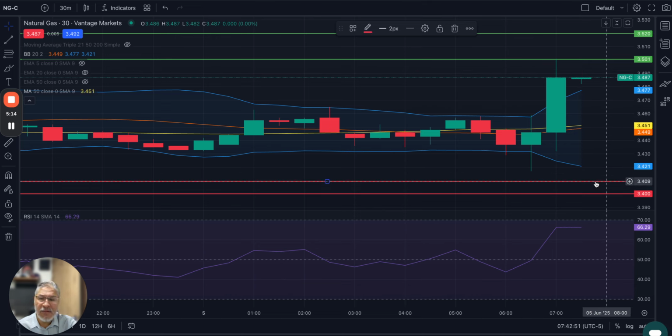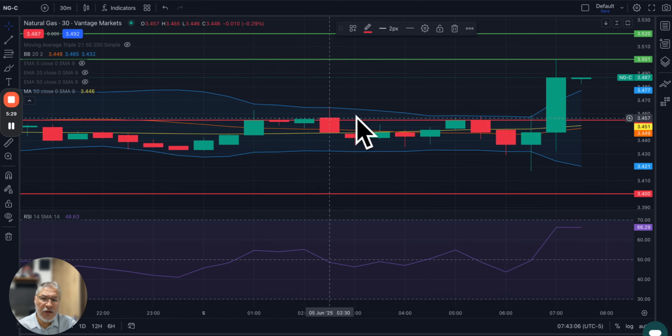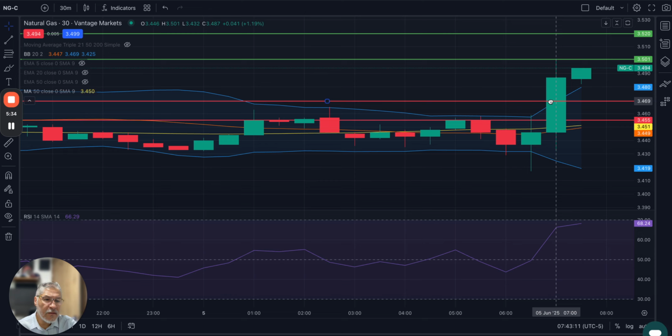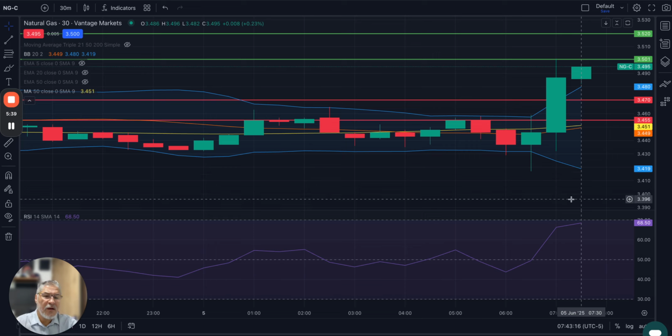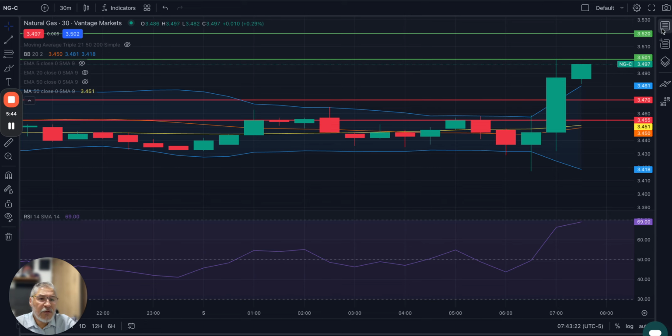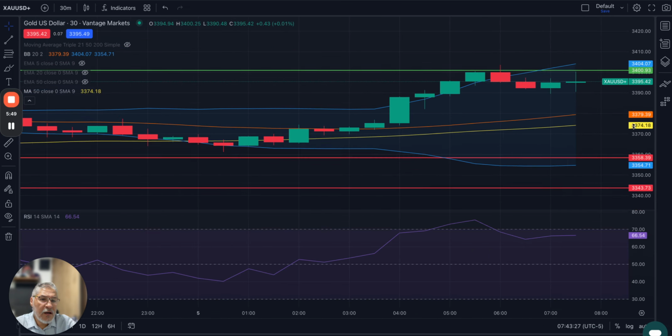And since we have done such a parabolic movement, we can contemplate a level of support, first around this area, the volume cluster, and then 3.47. The RSI is just about to enter overbought territory, but the momentum is picking up. So let's see, most likely it will hit our levels.